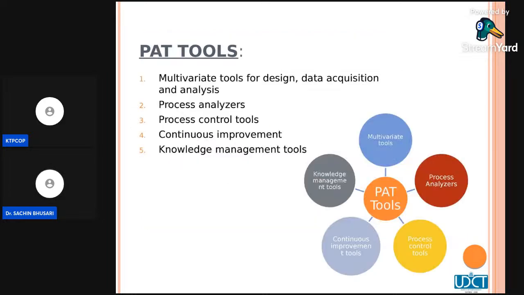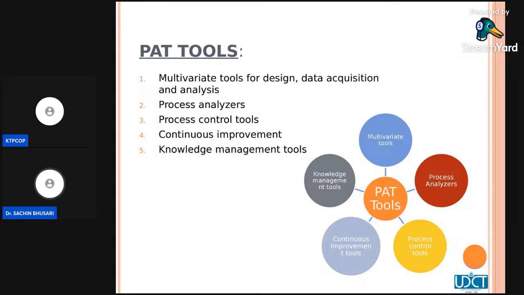Let us go to next. So now, after understanding the processes, just try to understand the PAT tools. There are five critical PAT tools. I purposely segregated these tools into continuous improvement and knowledge management tools, four and fifth.